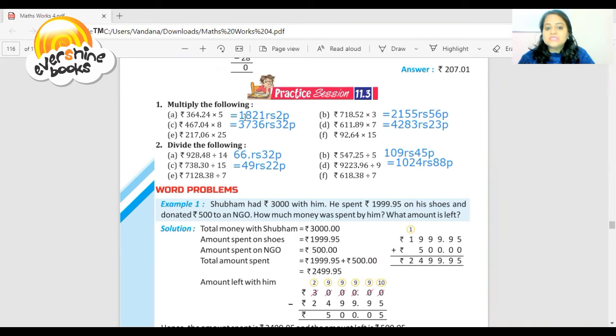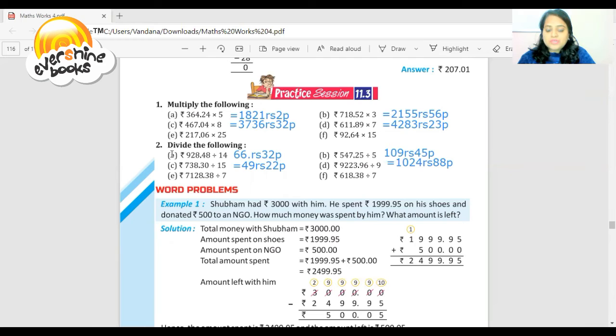So you will get the answer 1,821 rupees 2 paise. And in question B, 2,155 rupees 56 paise. Note down your answer, practice these sums and match your answer with me. Then 3,736 rupees 32 paise and 4,283 rupees 23 paise.